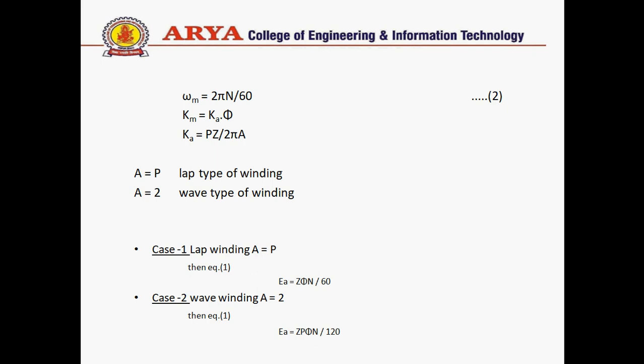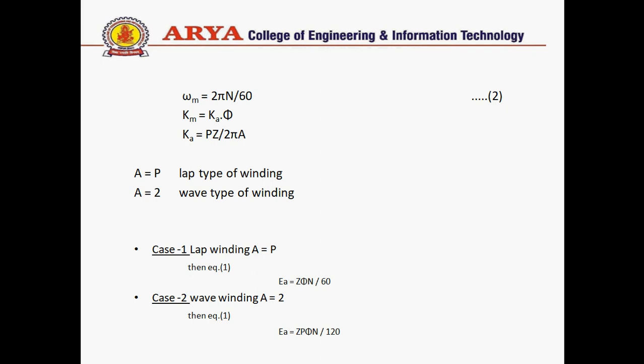In lap type windings, every coil in the machine is connected in series with one nearby coil, and this type of winding is preferred for higher current and low voltage. In this winding, the number of poles is equal to the number of parallel paths in the armature.